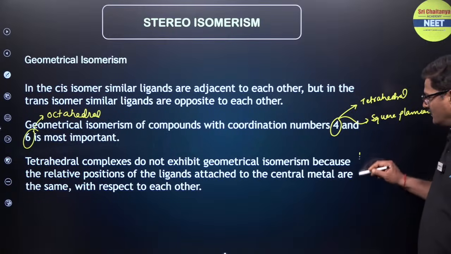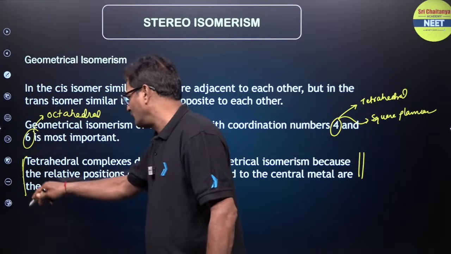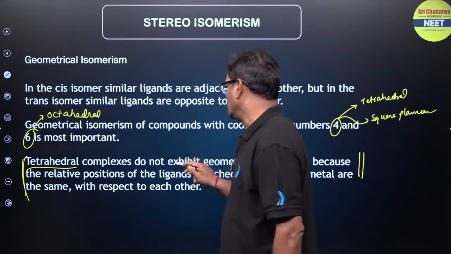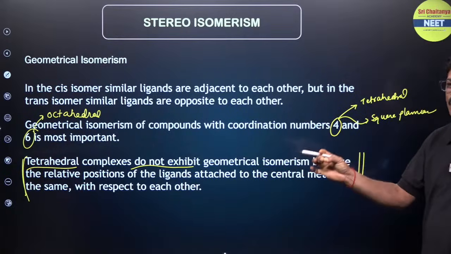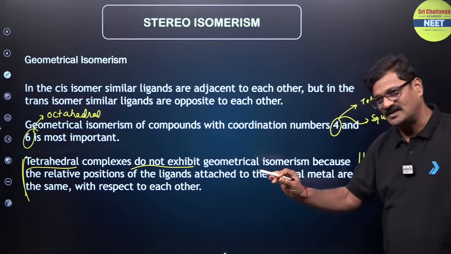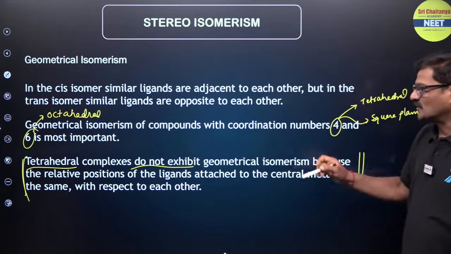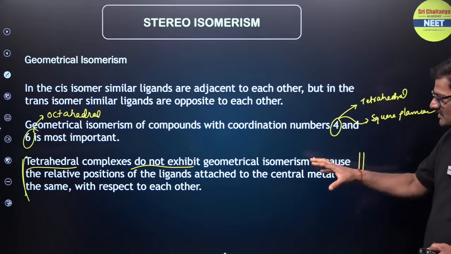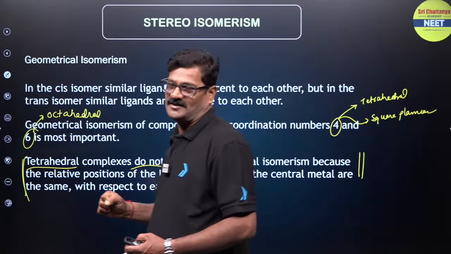Yes, it's a very important noteworthy point. Tetrahedral complexes do not exhibit geometrical isomerism. Reason, 1 mark question, assertion and reasoning question in the CBSE examination, multiple choice question in the NEET examination. So learn the concept and get the plausible score wherever it is there.